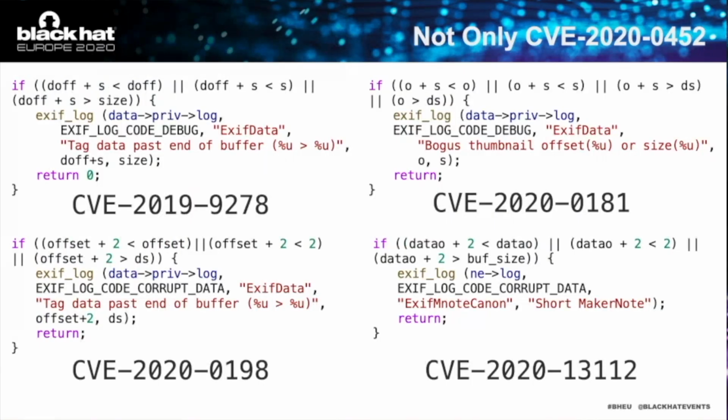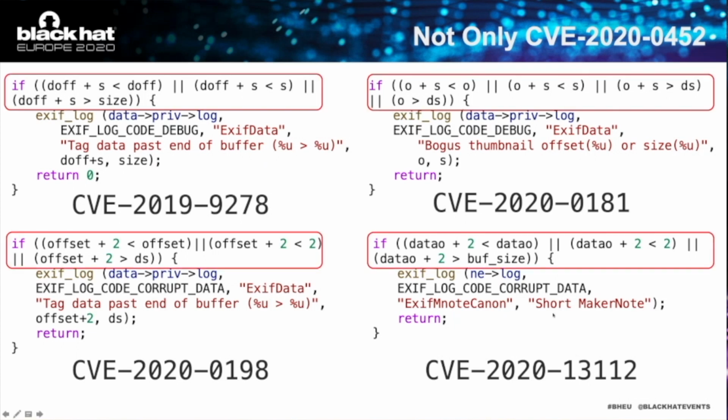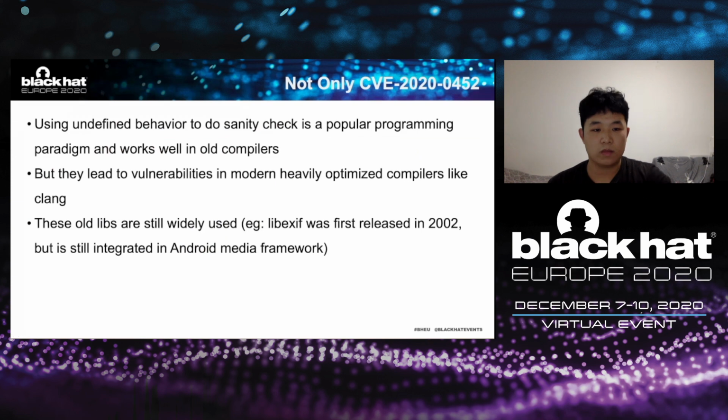This CVE is not an isolated case. There are many similar historical bugs in the same library, as shown in the figure. The root cause of this CVE is conducting a sanity check with undefined behavior code. LLVM will remove them. As a result, none of the expected sanity checks will take effect. What a shock!